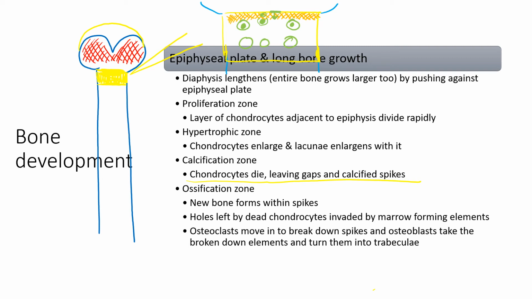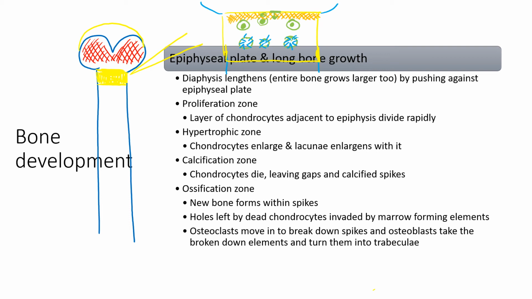They also leave calcified spikes. So you sort of have this, where you had chondrocytes laying down collagen, and they've started to become a little bit ossified. But they're not really organized or anything yet. It's just a bunch of bony-like spikes.